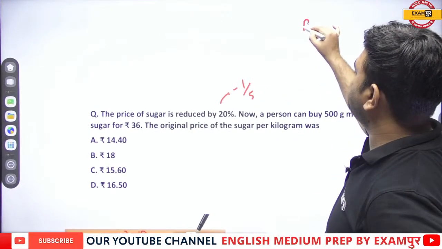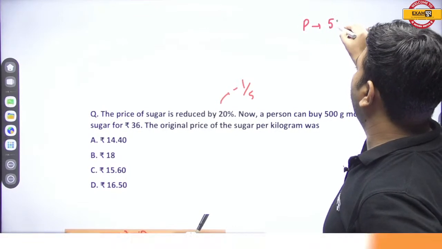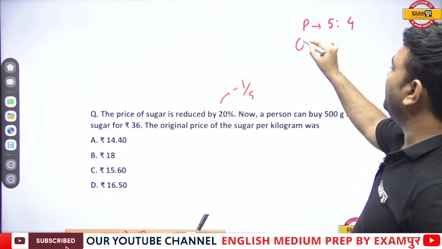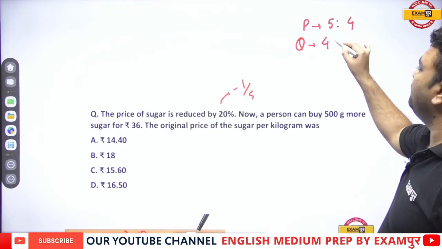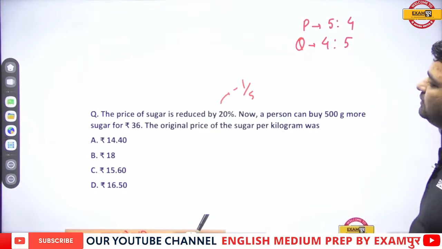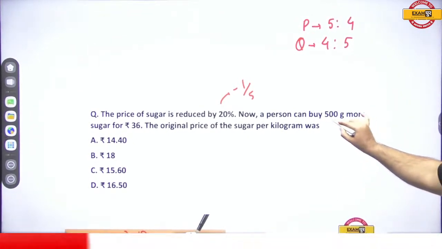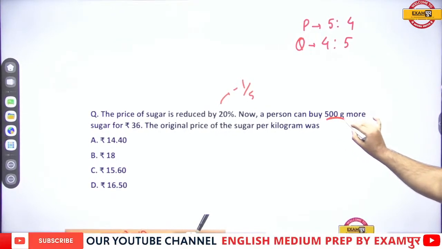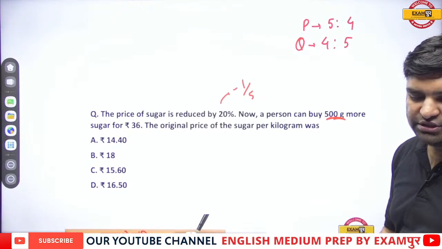So price changes from 5 to 4. So quantity should be changing in the inverse ratio, 4 to 5. 500 gram more quantity.